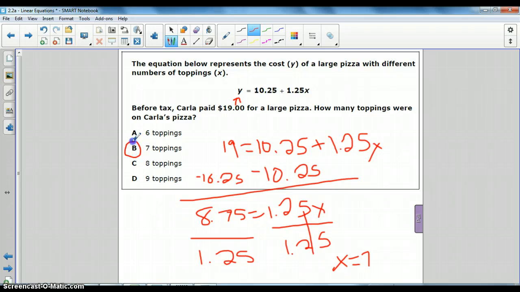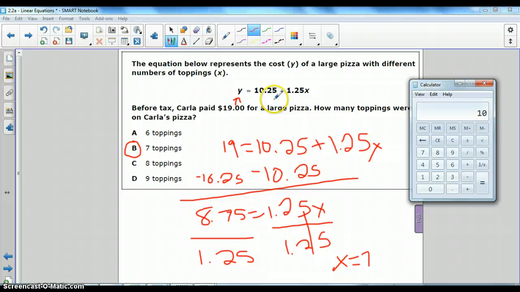Okay, once again, like on the other ones, if you don't want to solve it, you don't trust that you solved it, or you want to double check your work, plug things in, okay? So the same thing, you do in your calculator 10.25 plus $1.25 times 6.